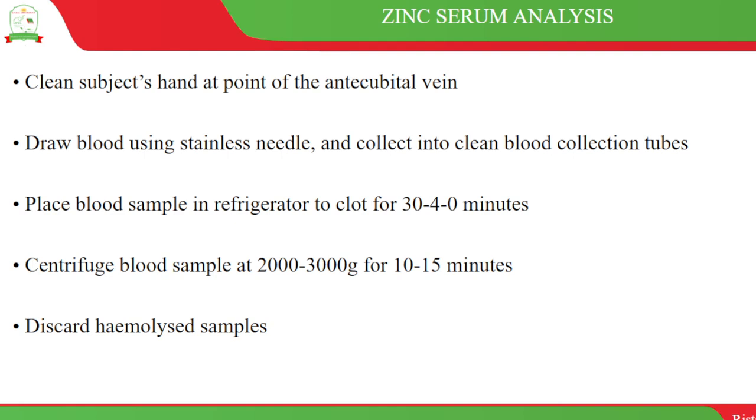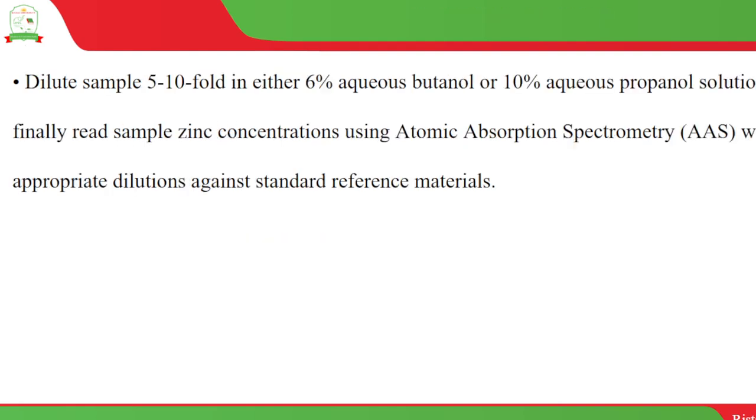After drawing the blood, you place the blood sample in the refrigerator to clot for about 30 to 40 minutes, and then centrifuge the blood sample at around 2,000 to 3,000 g, that's gravity for the centrifuge, for 10 to 15 minutes, and then you discard the hemolyzed sample.